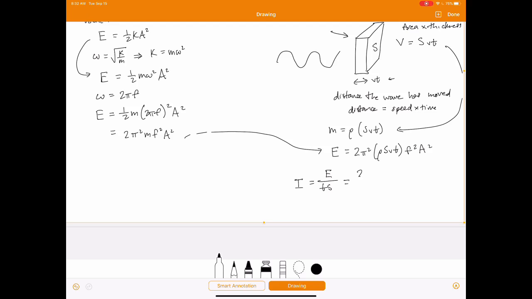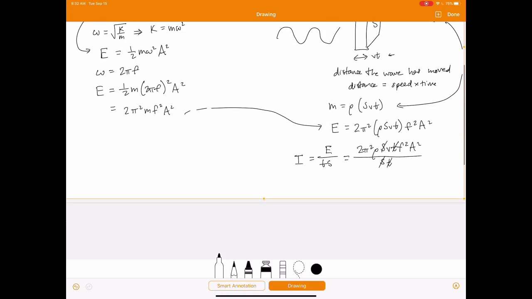So here I have 2 pi squared rho S v t f squared A squared, but I'm just dividing out the S and the t, so those cancel to get the intensity. Therefore the intensity is just 2 pi squared times rho times v times f squared times A squared. That's the expression for the intensity of a wave that we wanted to derive.